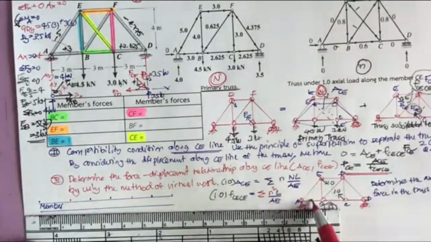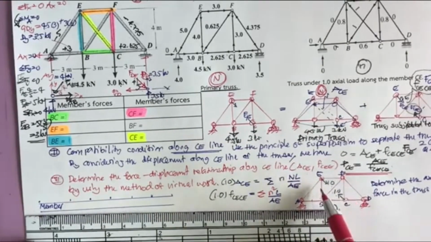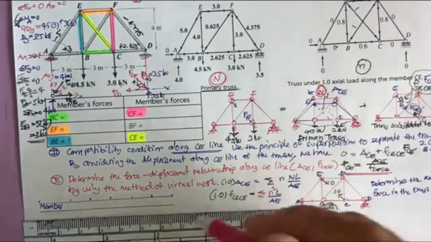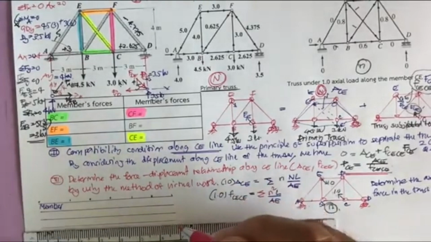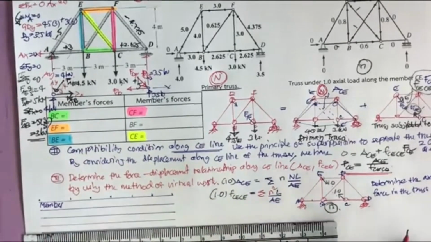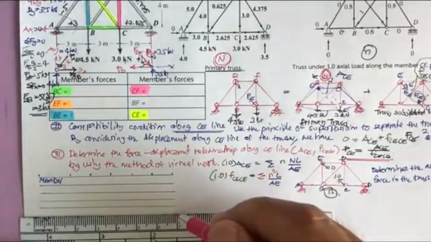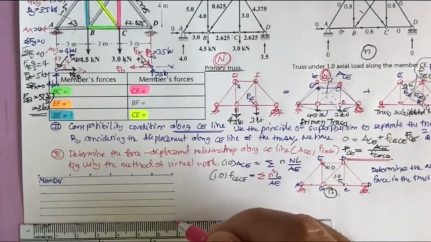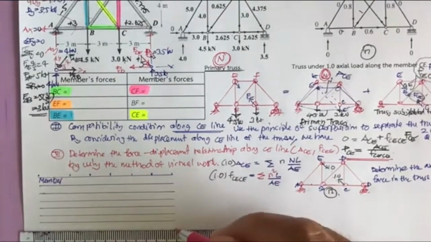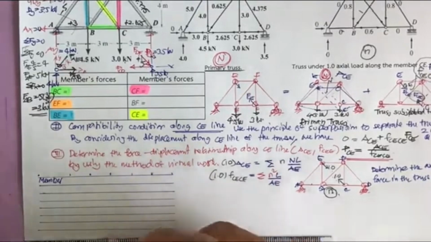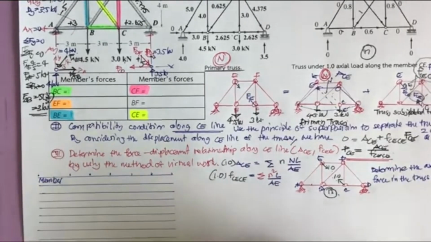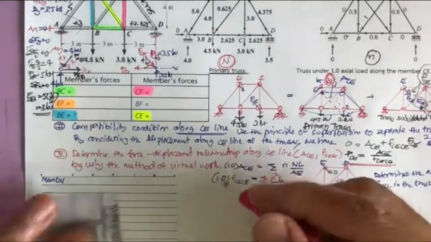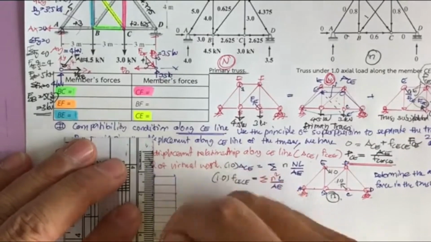How many members do we have? 1, 2, 3, 4, 5, 6, 7, 8, 9, 10. So we have 10 members. You get this table.